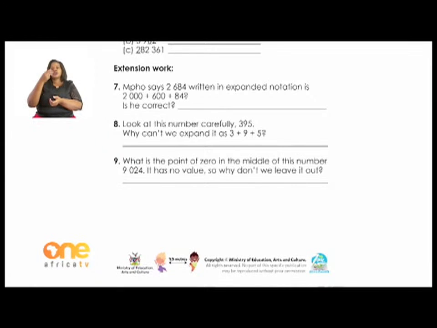Number 8, look at this number, 395. Why can't we expand it as 3 plus 9 plus 5? Why are we not expanding it in that way? Could you please give me a reason? So you have to explain.